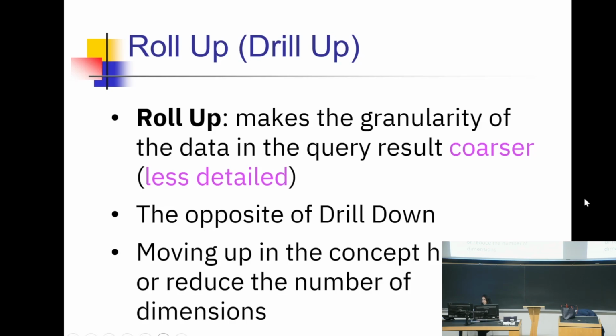So it makes the granularity of the data in the query result coarser or less detailed, which is the opposite of what we have. So this time we have a more detailed data representation, and we want to get it aggregated and just reduce the granularity, right? So moving up in the concept hierarchy will reduce the number of dimensions.